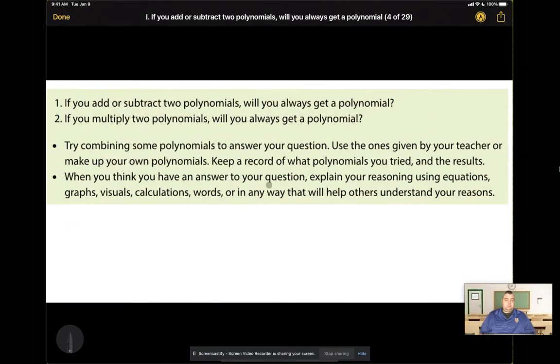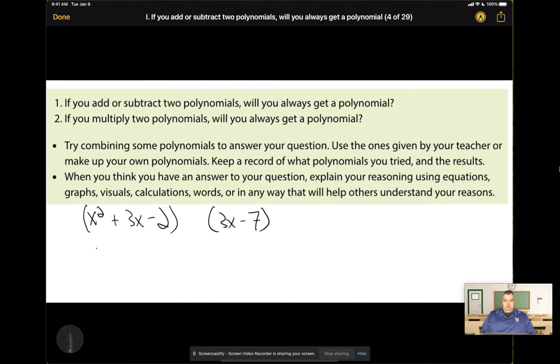What I would like you all to do is make up your own polynomials like I'm going to do right now. Let's say x squared plus 3x minus 2. There's one polynomial. And 3x minus 7.